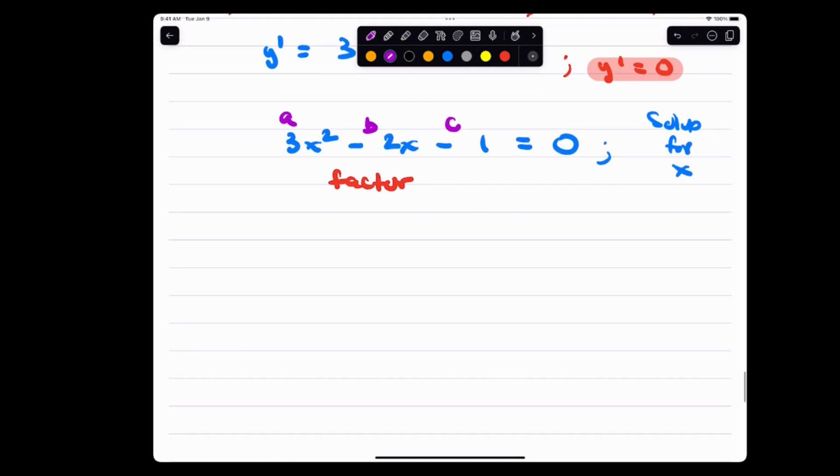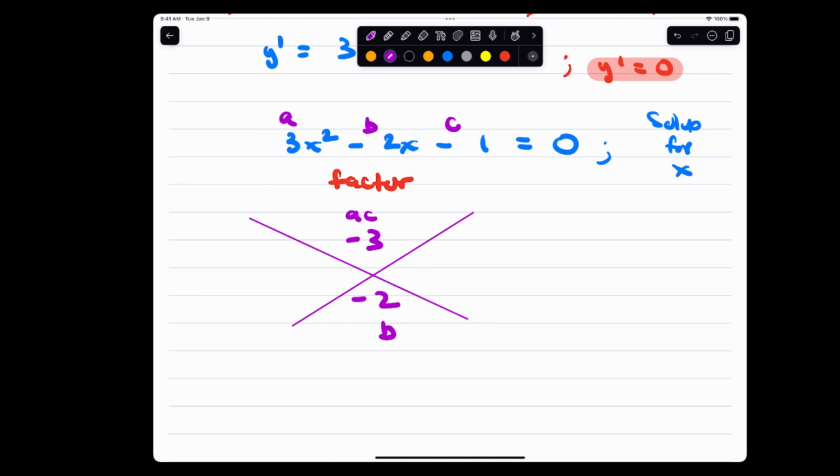All right. Do you guys remember this crisscross method? Yes, you have to do what? We need AB. No, we need AC. You say, what is AC? Well, A is 3. It's going to be 3 times negative 1, which would be negative 3. Is that right? And then this is B, which is negative 2.